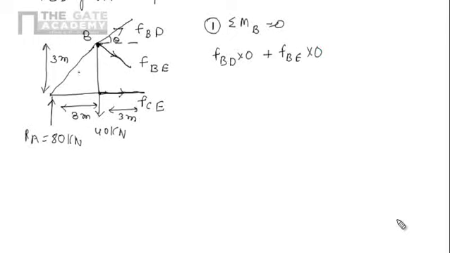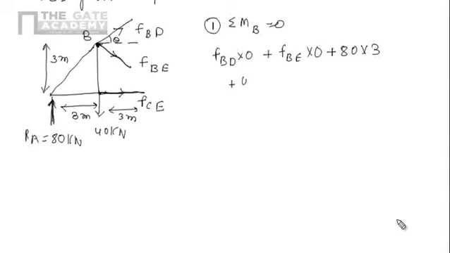Now take the other forces. Due to 80 kilonewton, moment at B will be 80 kilonewton and this perpendicular distance. So I can write 80 into 3 perpendicular distance, and nature is in clockwise direction. So according to our sign convention, it is positive. If we see the line of action of this 40 kilonewton, it is passing through B. So perpendicular distance will be 0.